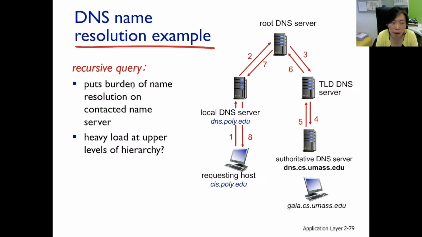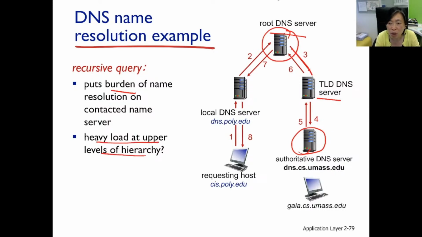Yeah, so this way of querying puts burden on name servers that are high up in the hierarchy. There's going to be a lot of queries coming to the root, and there's going to be a lot of queries coming from the root to the TLD, although the load on the authoritative DNS server remains the same. So heavy load at the upper level of hierarchies, not good.